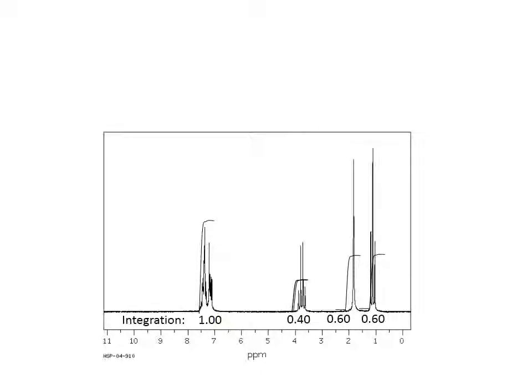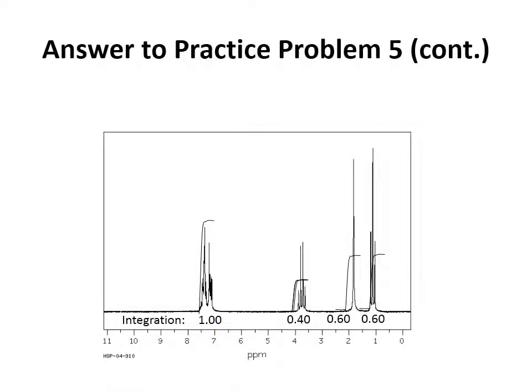Answer to practice problem 5 continued. Now we look at the integration from the proton NMR spectrum. To get the number of hydrogens, we add up all the integral values, multiply them times x, and set them equal to the number of hydrogens. So we have 1 plus 0.4 plus 0.6 plus 0.6, all times x, equals 13.